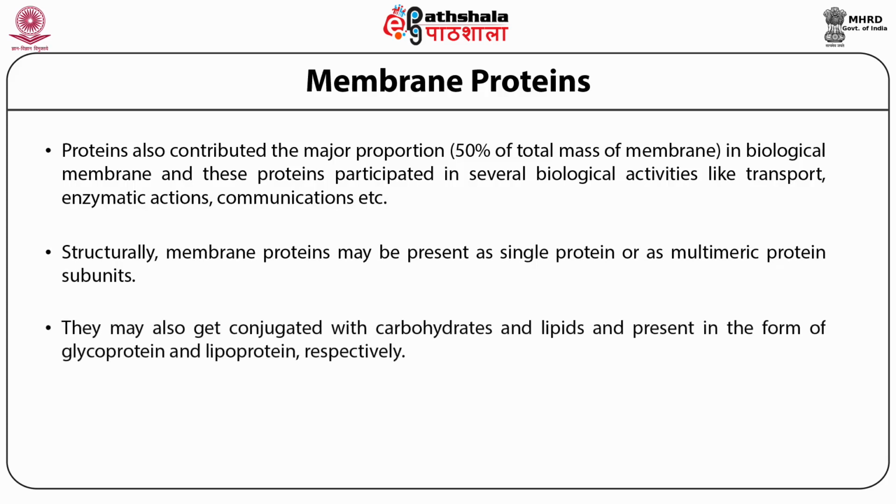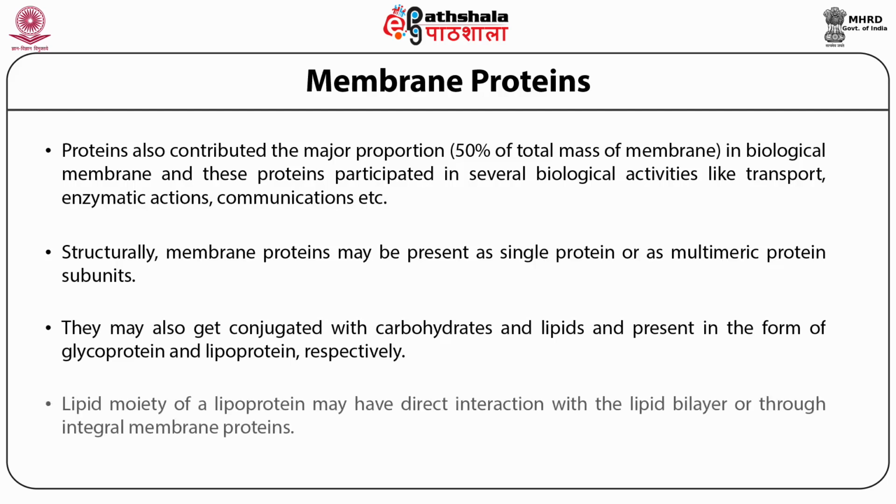They may also be conjugated with carbohydrates and lipids and present in the form of glycoproteins and lipoproteins respectively. The lipid moiety of a lipoprotein may interact directly with the lipid bilayer or through integral membrane proteins.